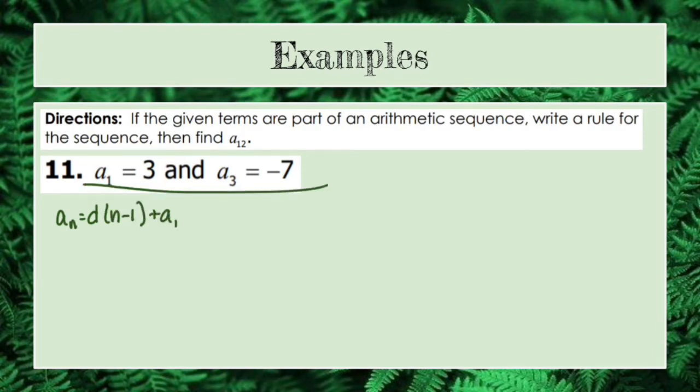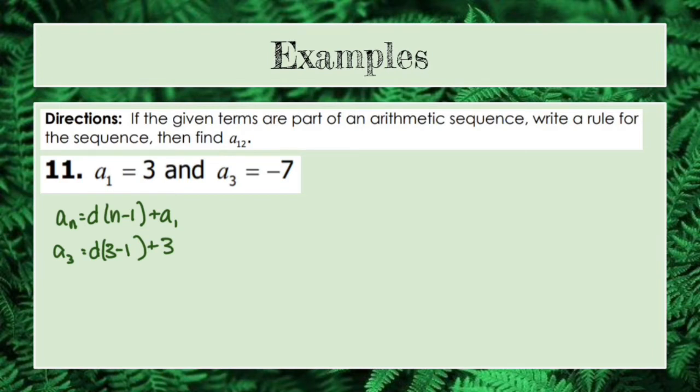Let's see how far we can get with what we have. a sub 1 is 3, so we know that's going to be plus 3 on the end. Then we are given a random term of this sequence. If we were to put a sub 3 here, then that would mean that this n would equal 3.